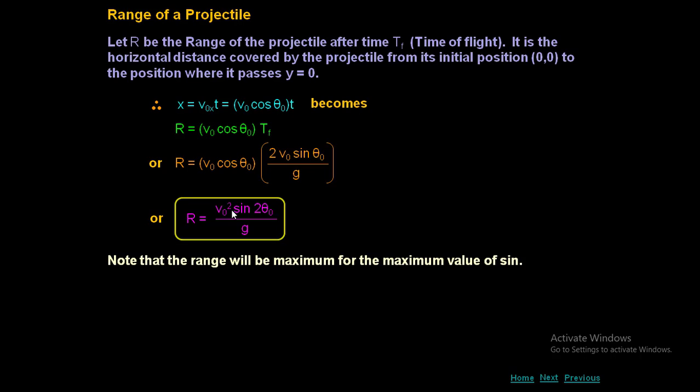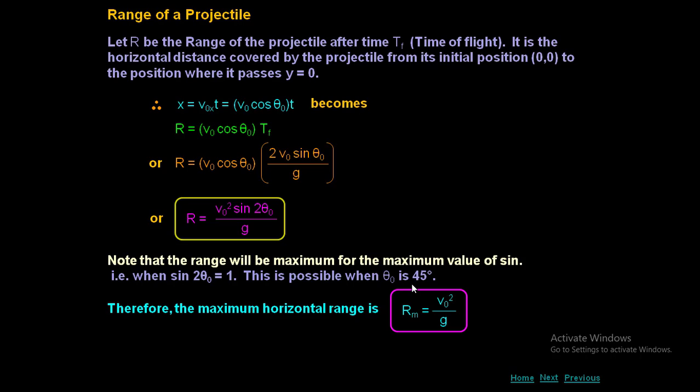Note that the range will be maximum for the maximum value of sine. For 90 degree the sine is maximum. So when sin 2 theta becomes 1, this is possible when theta naught is 45 degree. Therefore, the maximum horizontal range is Rm equal to v naught square by g.